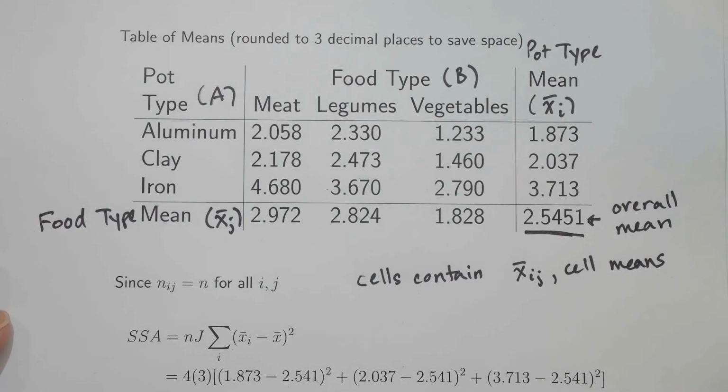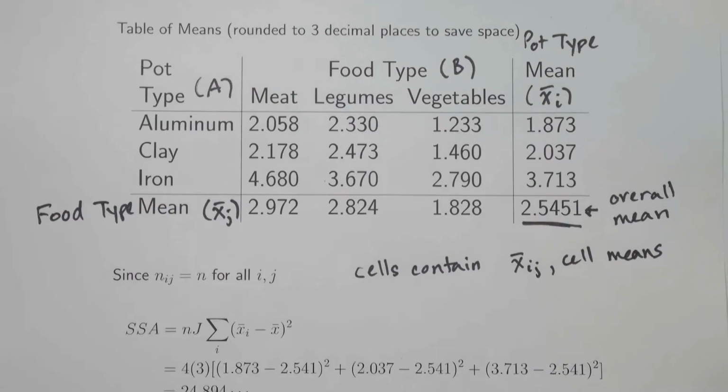And if we wanted to calculate our sums of squares using this table of means, it simplifies because we have a constant number of observations in each cell. We always have 4 observations.